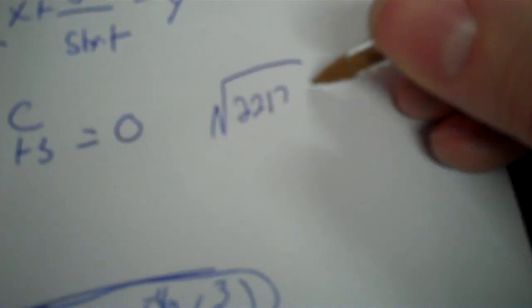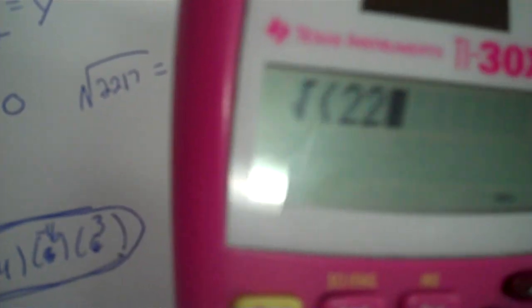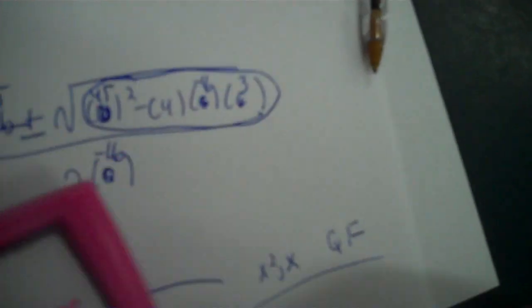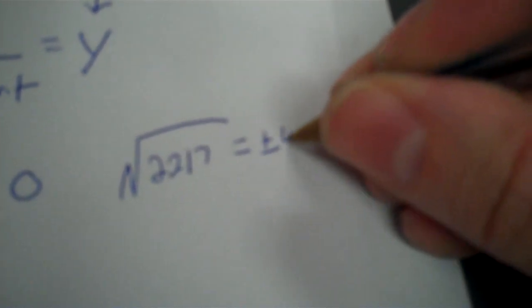Okay, so 45 squared minus 4 times negative 16 times 3. Okay, 2,217. Now, some of you yesterday on a story problem, I would just approximate that as a decimal. Okay, you want to waste time going through that, fine. I'm not going to freak out, but 47.09.